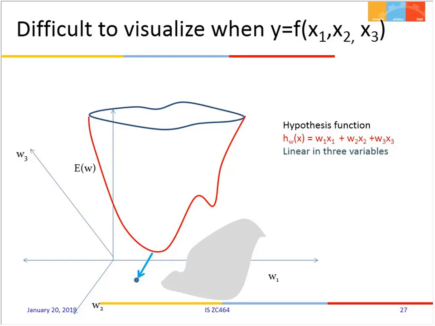I've just tried to show you this in the four-dimensional space where the fourth dimension represents the error. The first, second, and third dimensions represent the values of W1, W2, W3, right? The hypothesis construction will be W1x1 plus W2x2 plus W3x3. And it is actually a line in three variables.